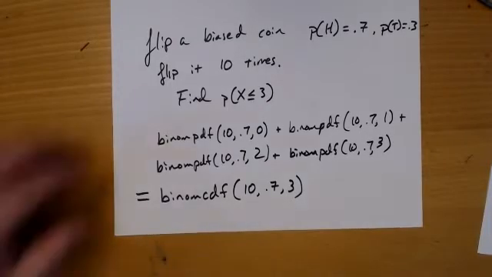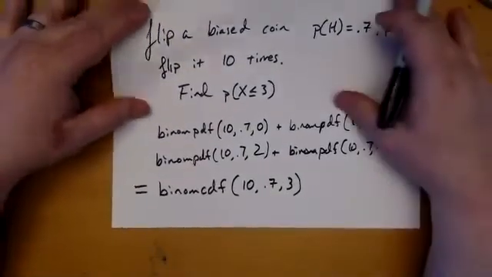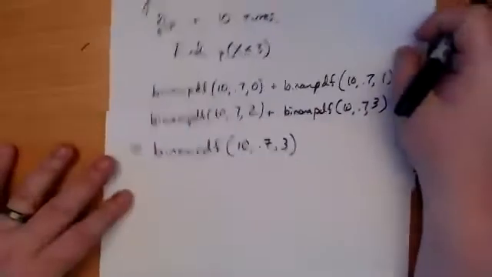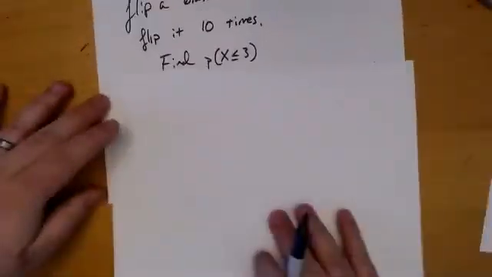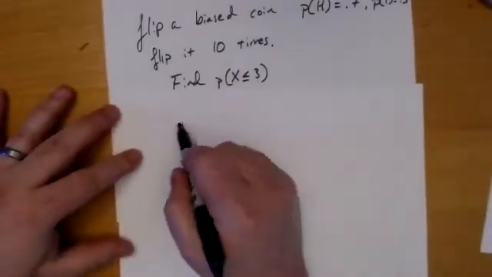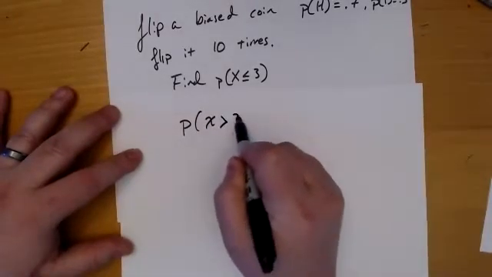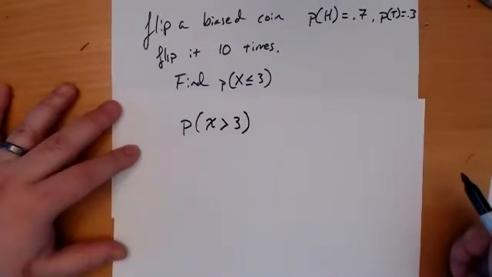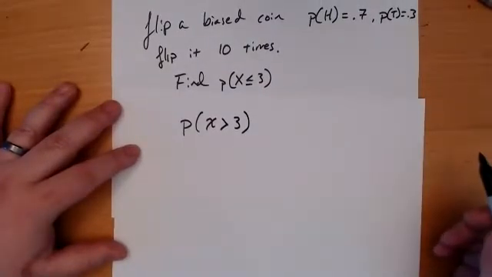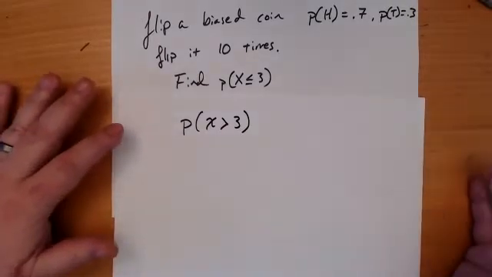Now, if I wanted instead the probability of X greater than 3, the way to do this is to realize that you're dealing with 4, 5, 6, 7, 8, 9, and 10.